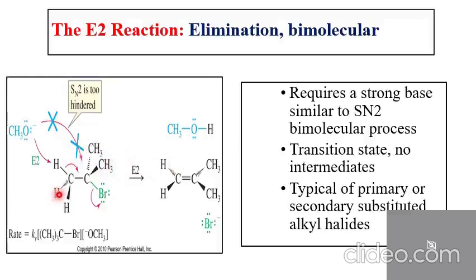While suppose this substrate we are considering for the SN2 mechanism, then in SN2 the nucleophile approaches the carbon from the backside. If the attack of the nucleophile takes place from the backside, there are bulky methyl groups like this. Three bulky methyl groups are there.